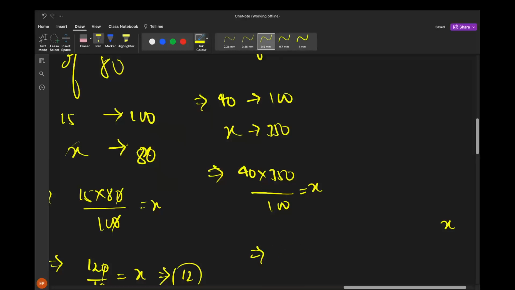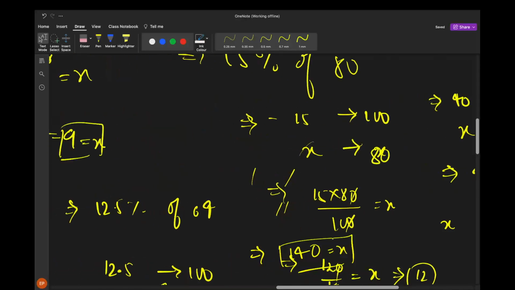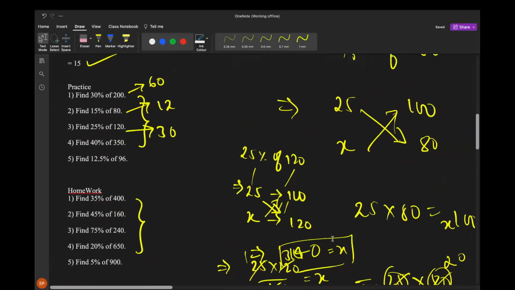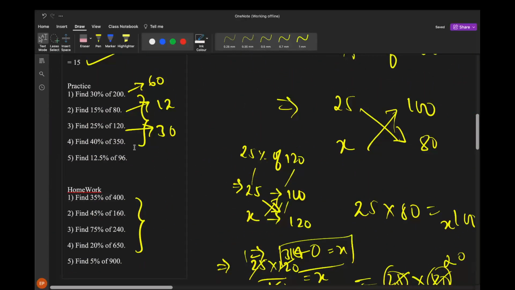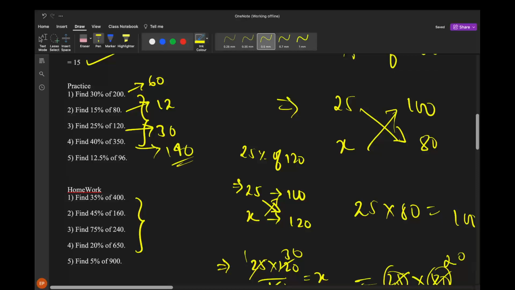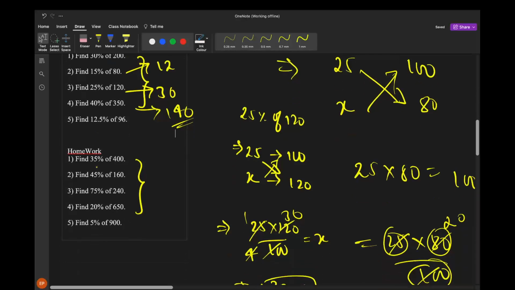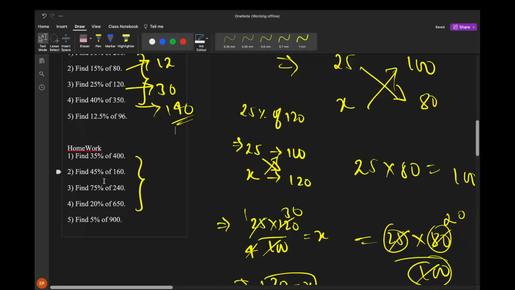See here, 1 0 and 1 0, here 2 0 cancel, 35 fours are 140. So 40% of 350 is 140. Then similarly 12.5, calculate it.